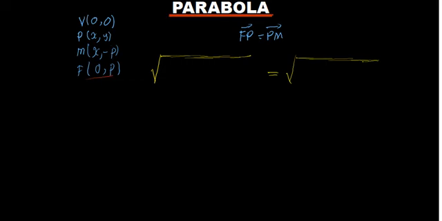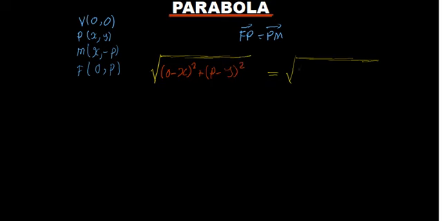So we're saying this point minus that point there. So it's basically 0 minus x as well as p minus y. So you say the square root of (0 minus x) squared plus (p minus y) squared.